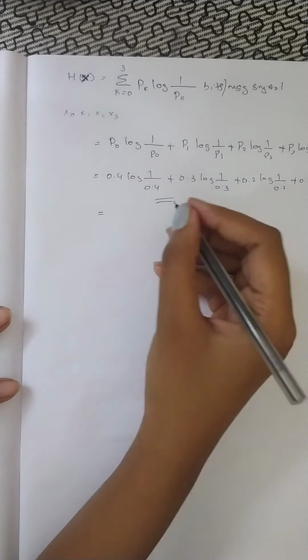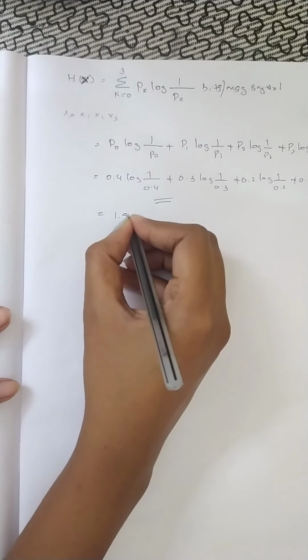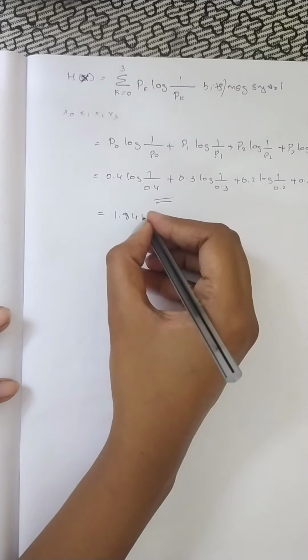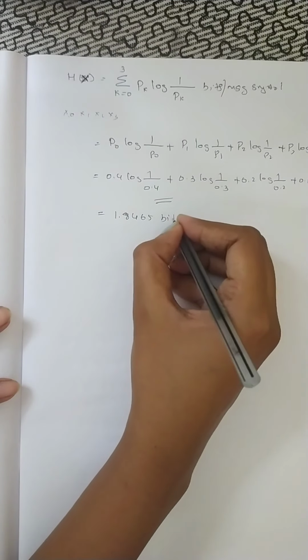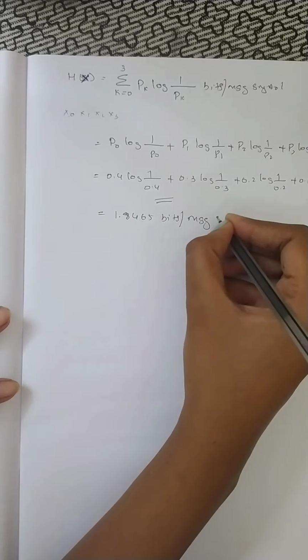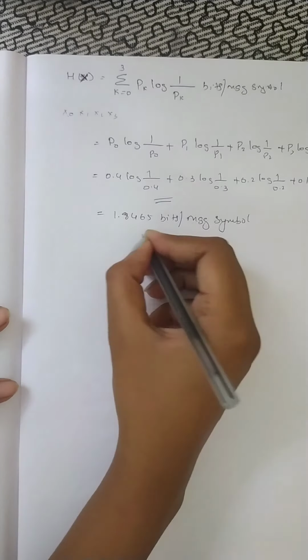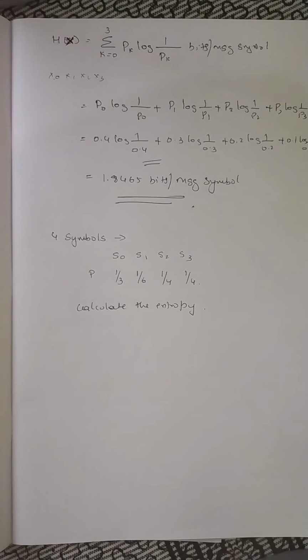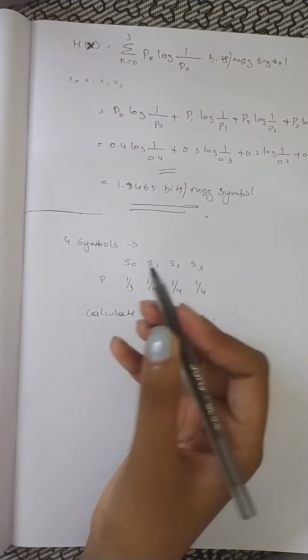Put these values in the calculator and you will get the answer as 1.8465 bits per message symbol.